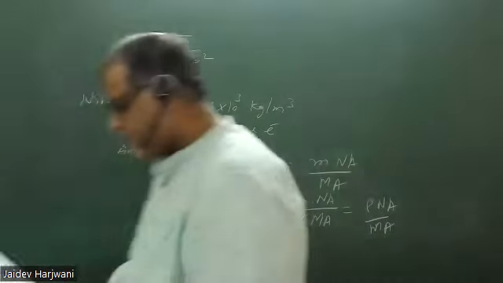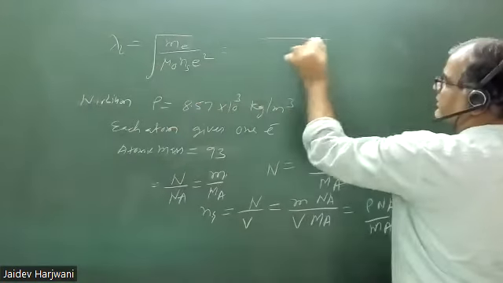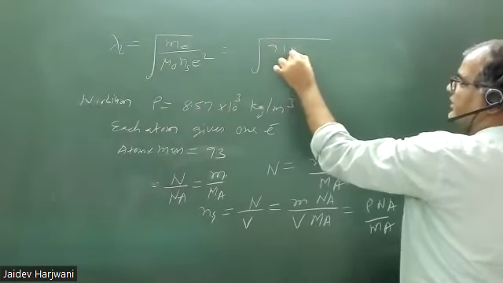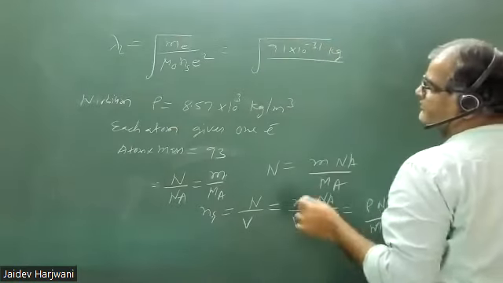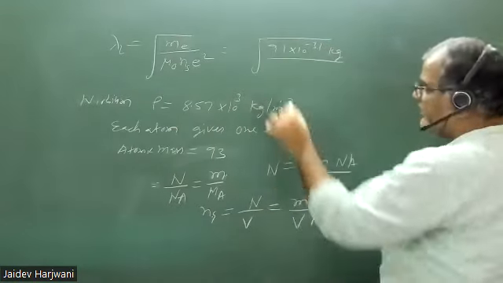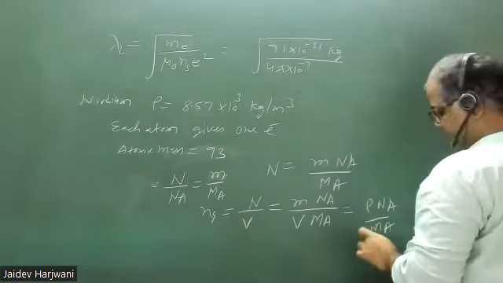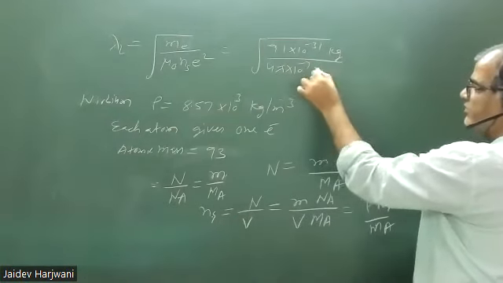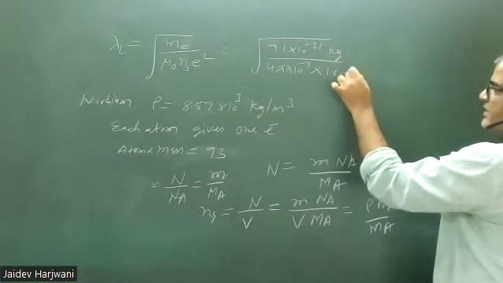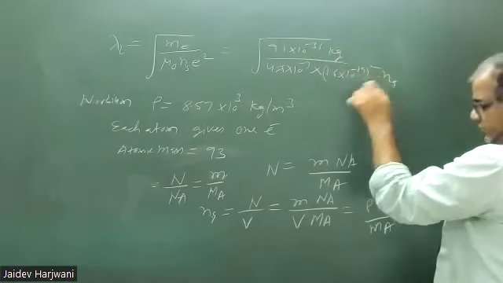Okay, so put the values in this formula, that is 9.1 into 10 raised to power minus 31 kg. Then mu naught is what? 4 pi into 10 raised to power minus 7. ns you can find from here. e square, you know, is 1.6 into 10 raised to power minus 19 squared, and ns value you can calculate.